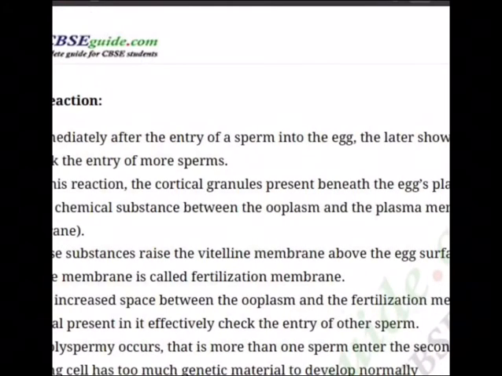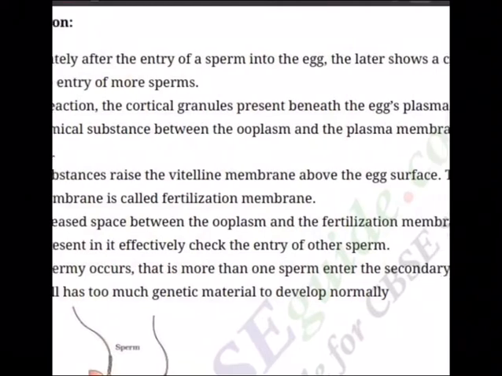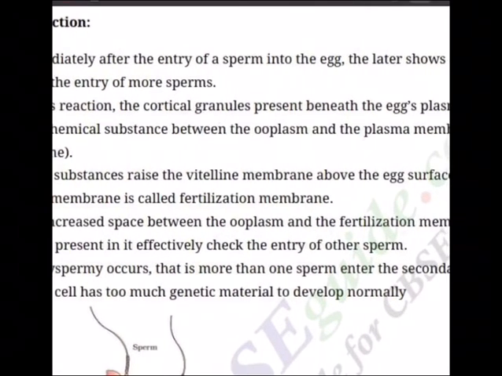Next, cortical reaction. Immediately after the entry of the sperm into the egg, the latter shows a cortical reaction to check the entry of more sperms, because the fastest one will be fertilizing the egg. The remaining sperms will be checked. In this reaction, the cortical granules present beneath the egg's plasma membrane release chemical substances between the ooplasm and the plasma membrane, that is the vitelline membrane.